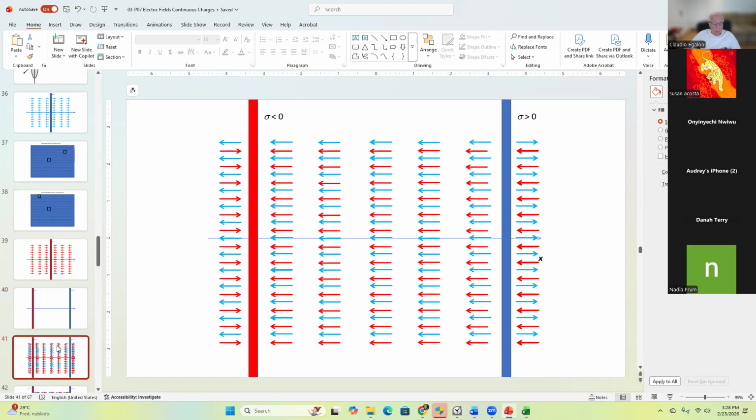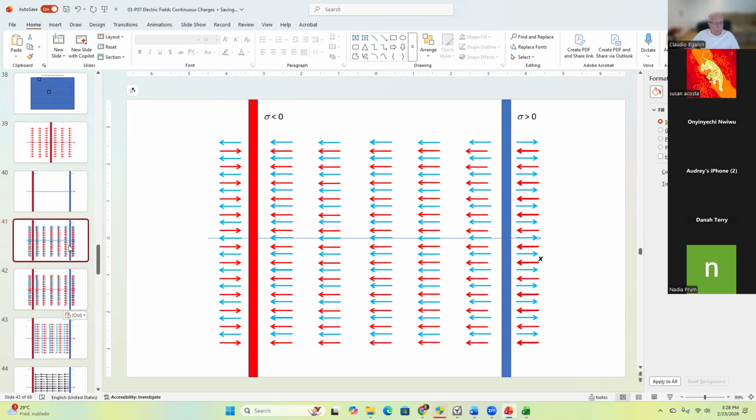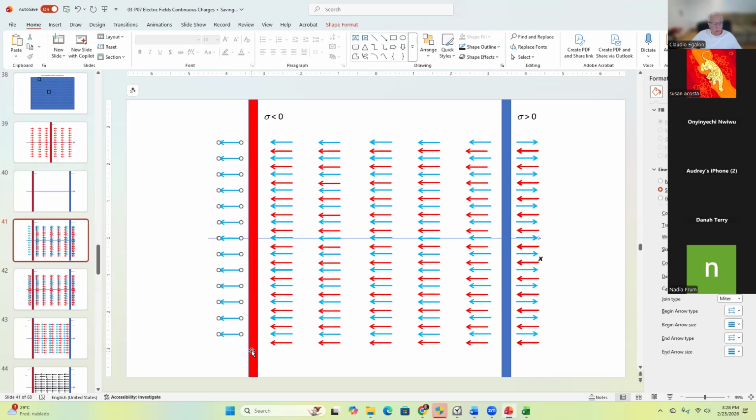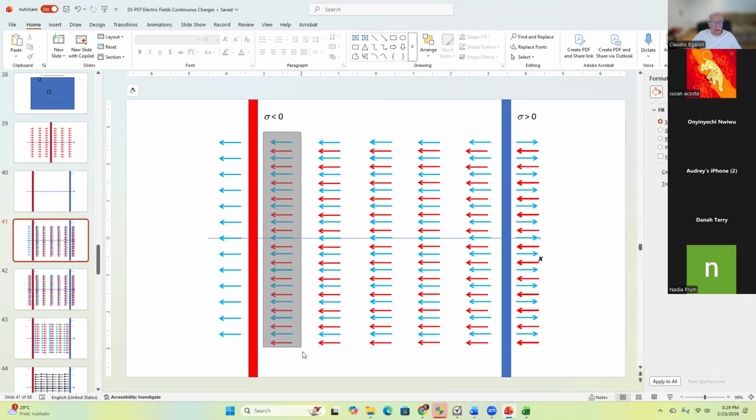So I'm going to do this for the positive charge one only. This is going to be, hopefully it's not going to take too long. What you see right in here are just the contribution to the electric field of the positive plate.